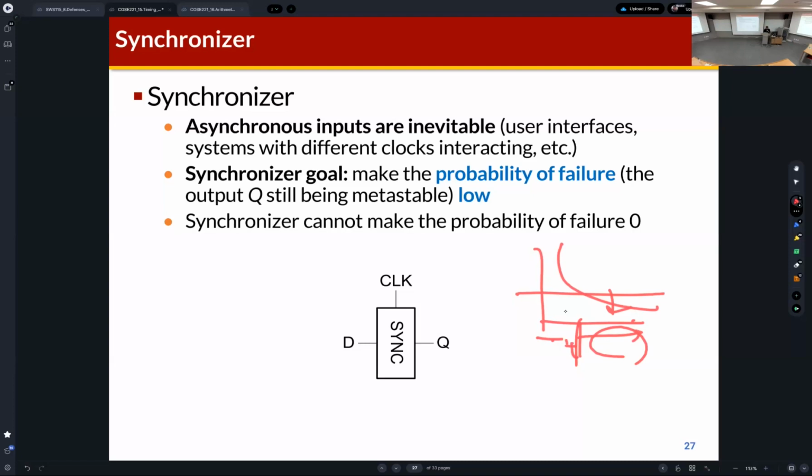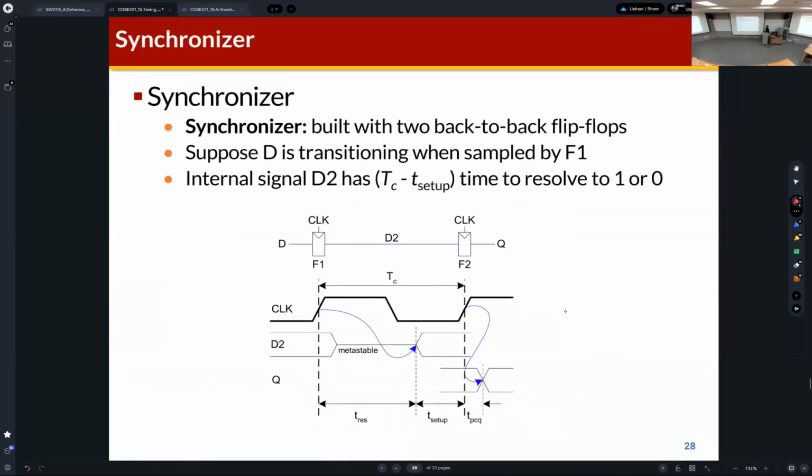So using a synchronizer, we can reduce the probability of metastability significantly. That is the goal of a synchronizer. And what is the synchronizer? Actually, it's simple. A synchronizer looks like this. It's a series of multiple flip-flops. It's very simple, right?